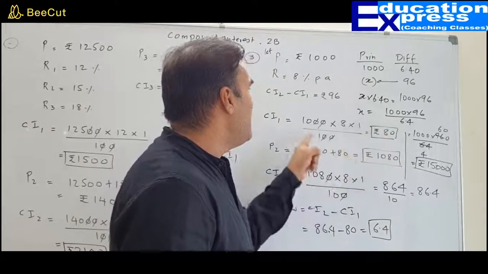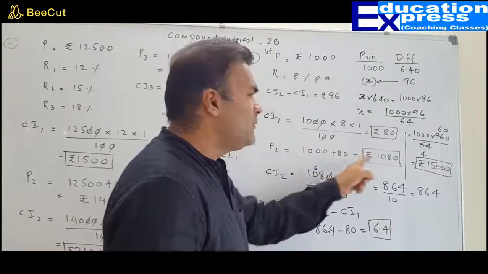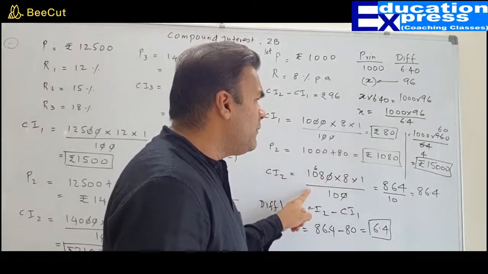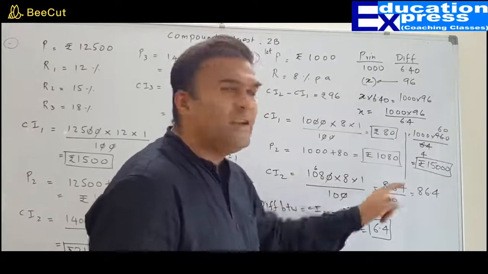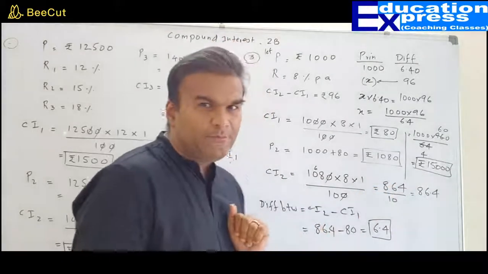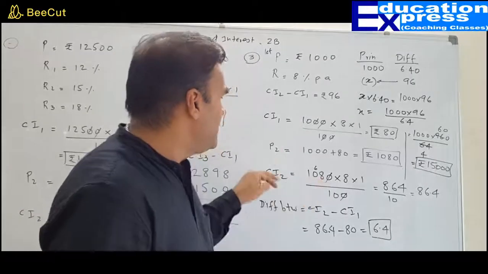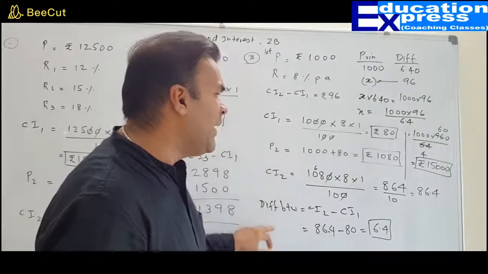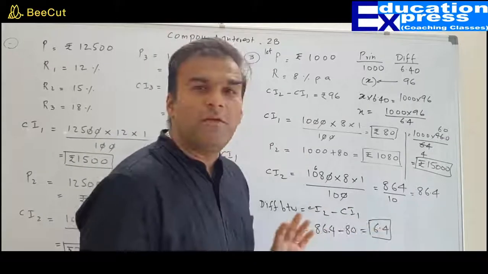So that 80 rupees I have added to my principal which was 1000. That is 1080. Now I will start from 1080. So my compound interest for second year is 86.40. That means 86 rupees and 40 paise. So basically the difference, second year's compound interest minus the first year's compound interest, which was 6 rupees and 40 paise.